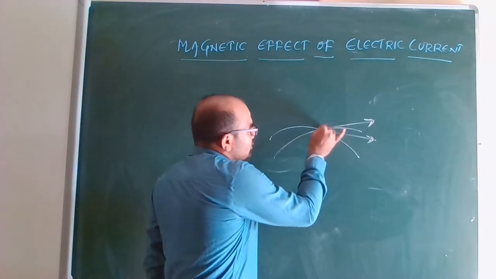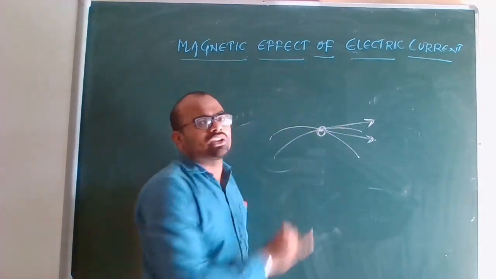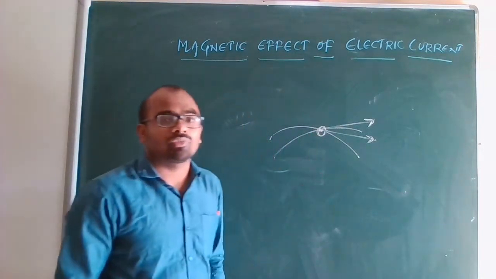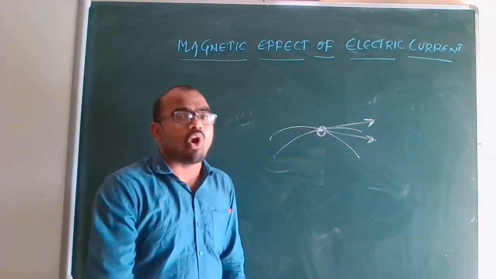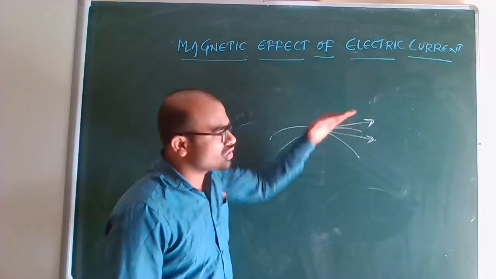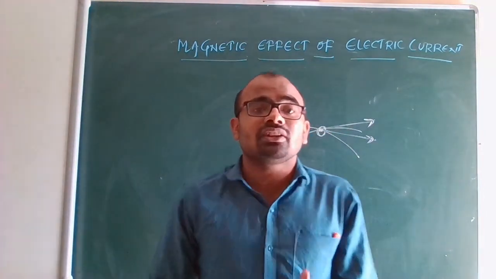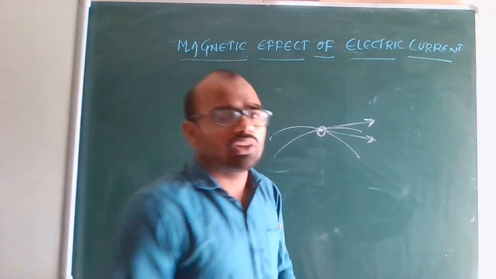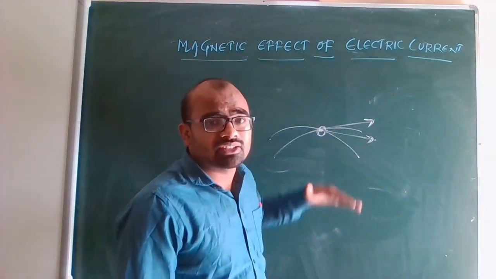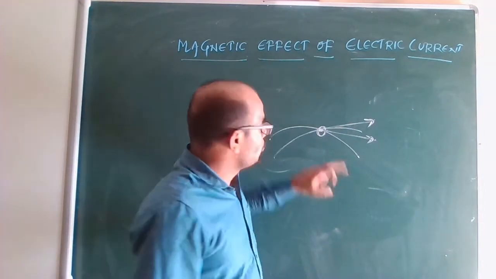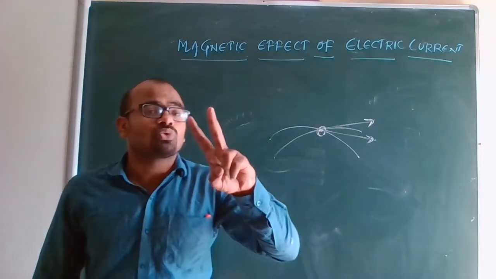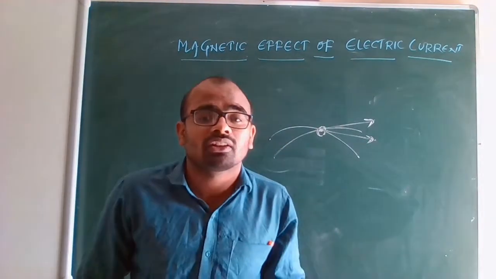So if the lines are intersecting, we are getting one point that is the intersection of two lines. In that case we are having two directions for the magnetic field, which is not possible.